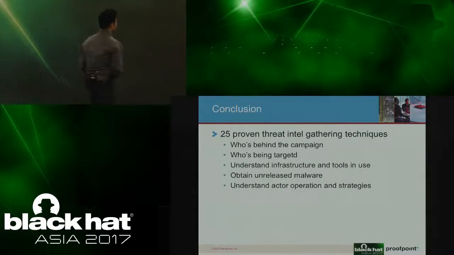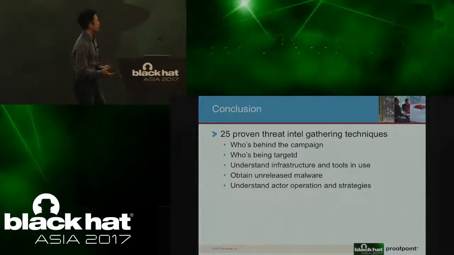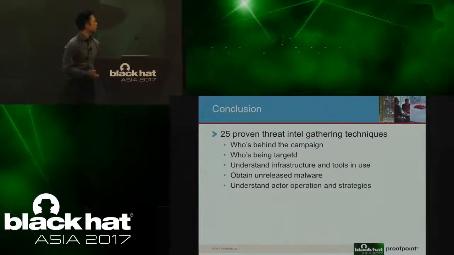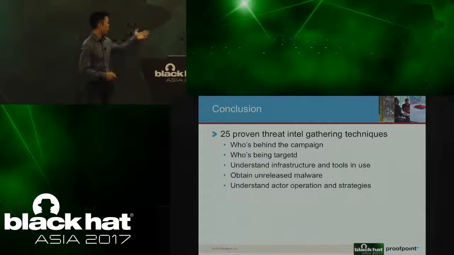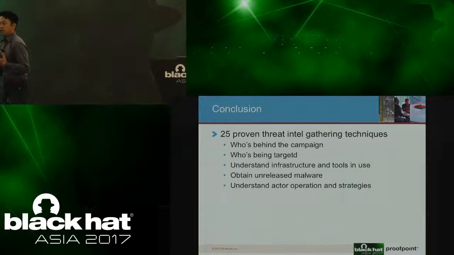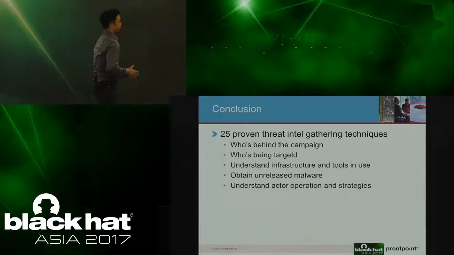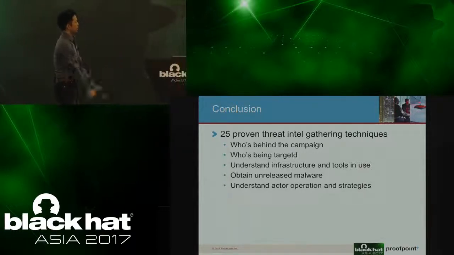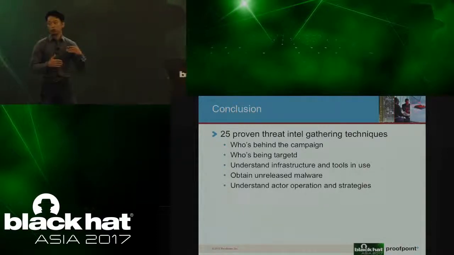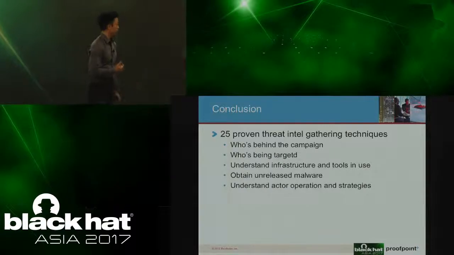Okay, conclusion. We have showed you 25 proven threat intel gathering techniques that would allow us to understand who's behind the campaign, who's been targeted, and understand infrastructure and tools in use. This explains why in our research we're able to disclose all of their tools, their processes, and their infrastructures by using these techniques over a long period of time, tracking and doing attribution for the actors.